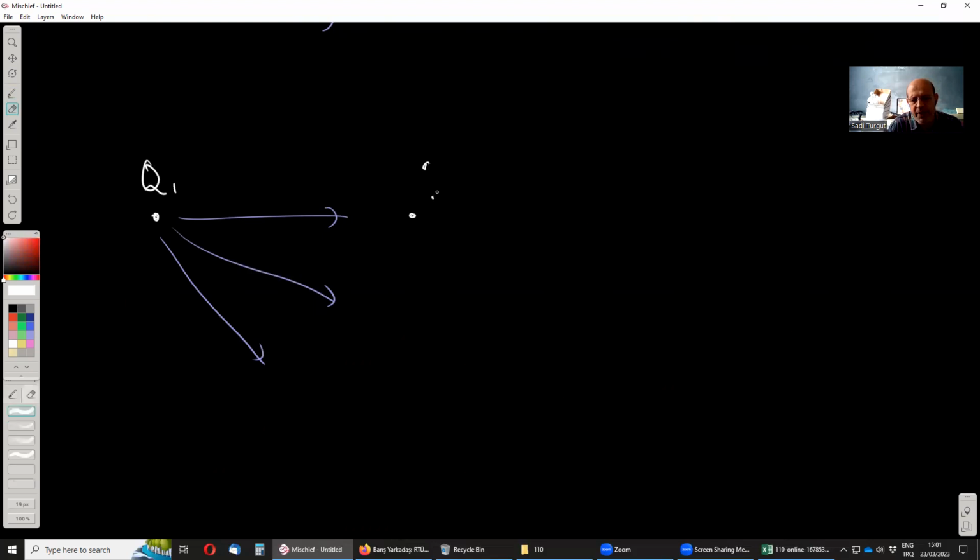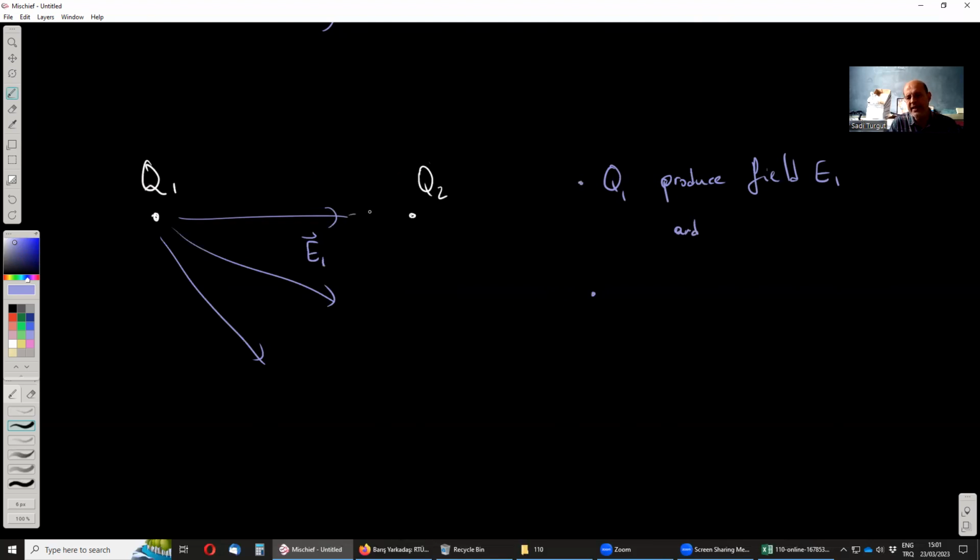The notation will be much better in that case, right? So in that case, I can say that charge Q1 produces field E1, and that's the first interaction.